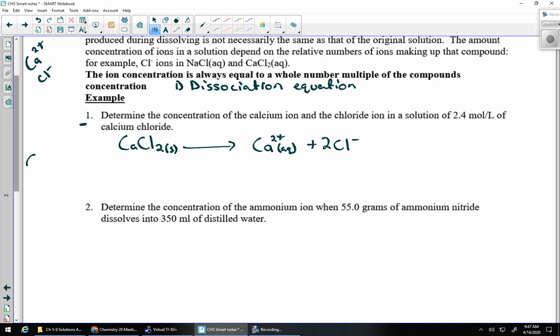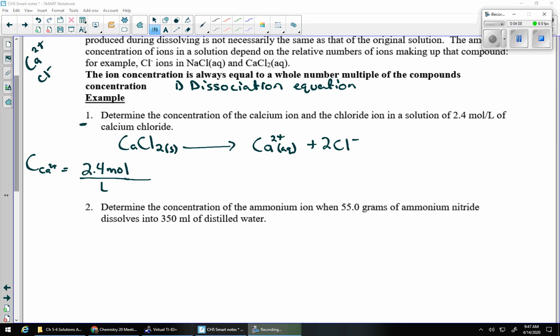So our concentration of calcium ions is going to be equal to, let's start with our 2.4 moles for every 1 liter, and we're going to do something very extreme. We're going to say not just 2.4 moles, but 2.4 moles of what? So it's 2.4 moles of calcium chloride.